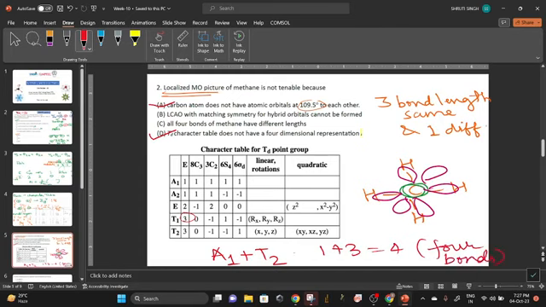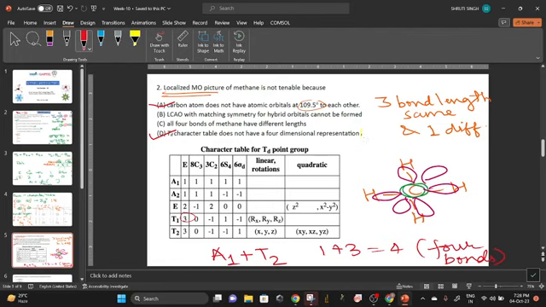But this linear combination does not mean that 3 bonds are of one type and 1 bond is different. This is what is described by the delocalized MO picture. The localized MO picture would have said that one is the same and the other three are different. So we cannot take this.